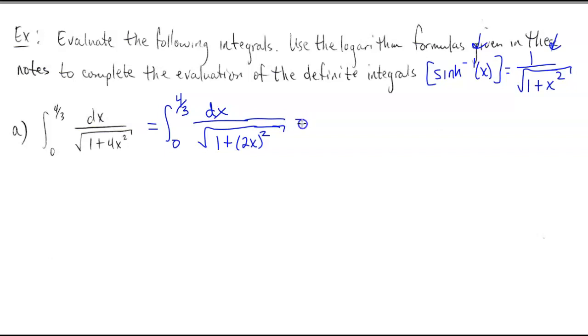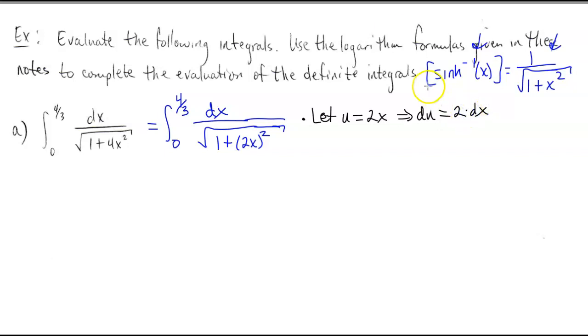Okay, and so from there we see that if we were to allow 2x to be substituted for some simple variable like u, then we can get this into the form that we need. So here we're just going to do that. We'll say let u equal 2x, which means that du is going to be 2 dx.